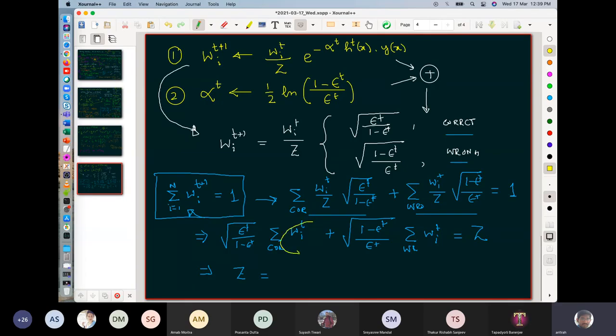You know what this is? All correct points, all wrong points weight is, isn't it? That was our formula. That was our formula, right? This is for the correct point, this is for the wrong point. Then Z is, this is multiplied with this, make it root over this into this. This is multiplied with all this, make it root over this into this, 2 times.